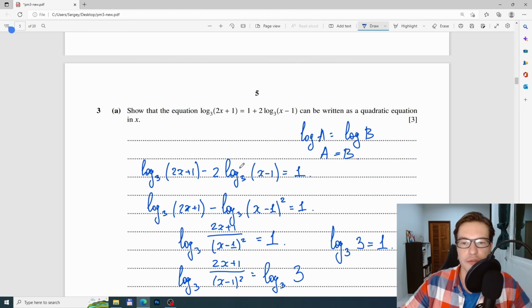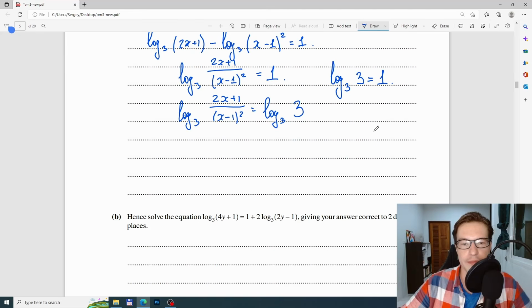And now we've achieved our goal, log A equals log B. So it means I can just remove the logs and say (2x plus 1) over (x minus 1) squared equals 3.